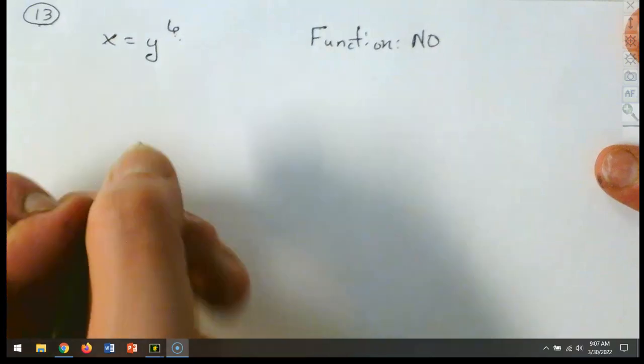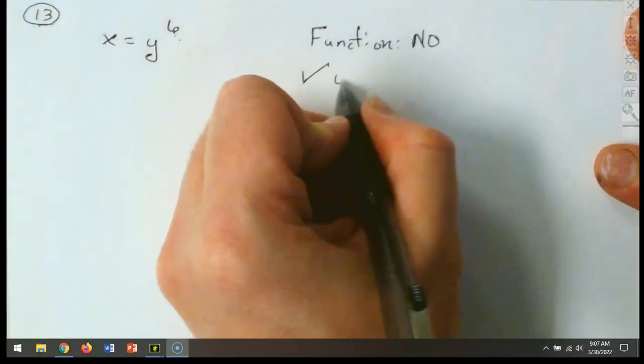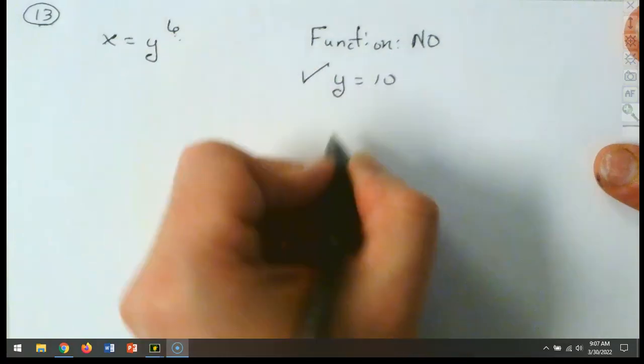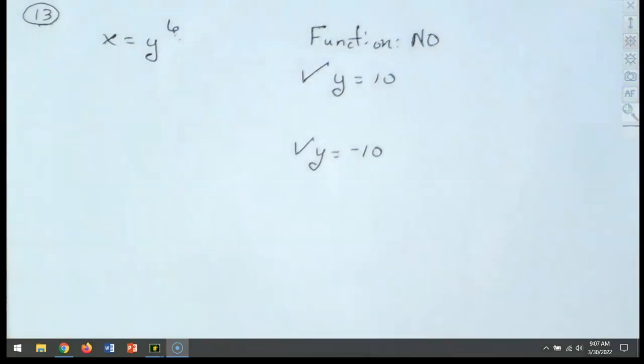So let's just check y equals 10 and y equals negative 10. I'm not so concerned about the actual value. All I really want to know is, is it positive or is it negative? We can calculate out the value, no problem, but the important part is the sign.